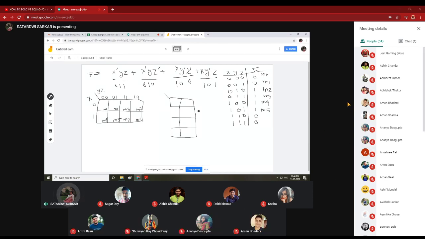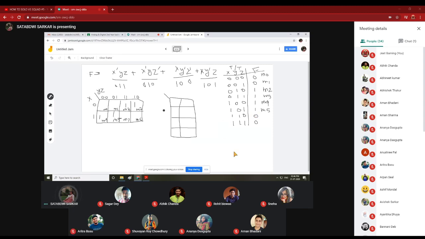Now we have to put the ones for which positions the value of m is 1. See here in this output of the truth table. So m2, where is m2? Here we put 1. m3 is here 1. m4 is here 1, and m5 is 1.